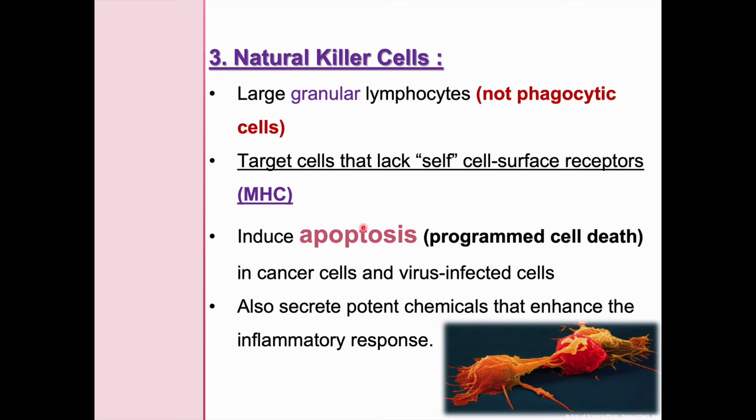Okay, coming to the natural killer cells, they are large granular lymphocyte cells. They induce apoptosis, which is programmed cell death. Cancer cells and virus-infected cells also secrete potent chemicals that enhance the inflammatory response. When you are a child, your cells are good and they keep multiplying. As you grow, your epithelial cells keep multiplying.